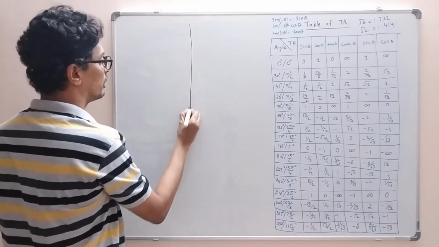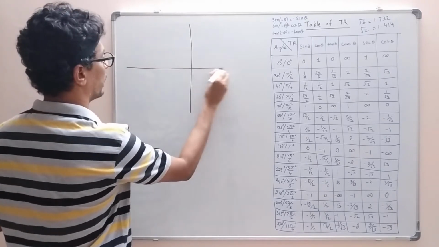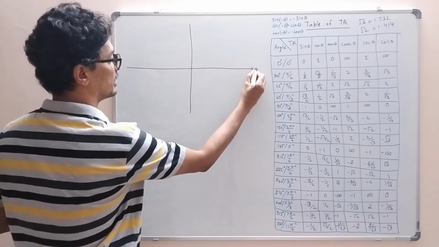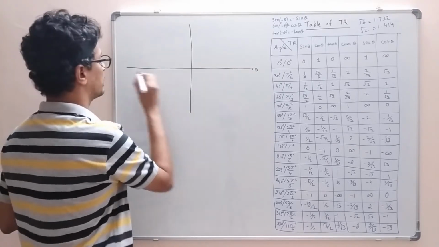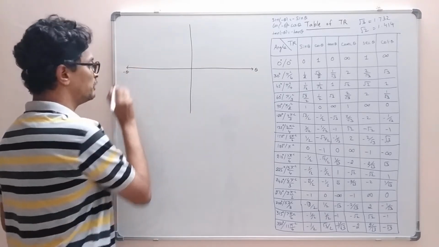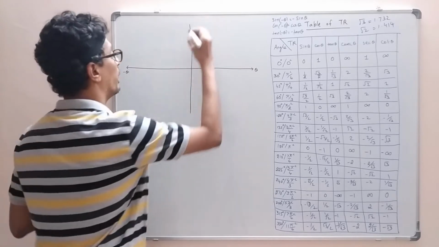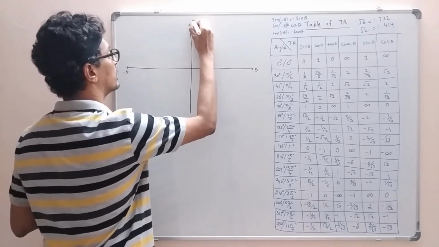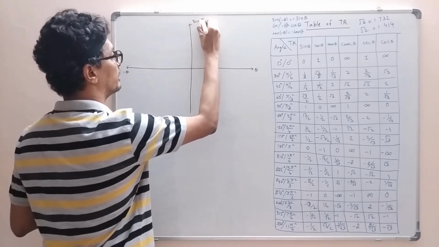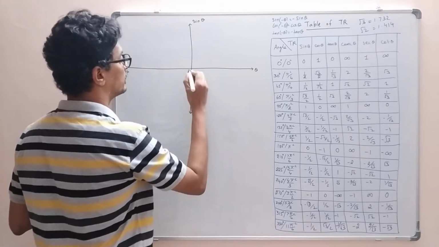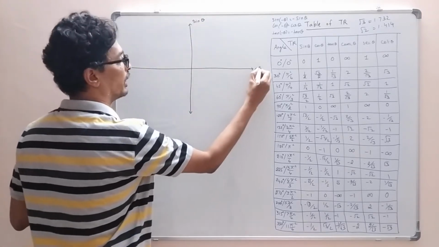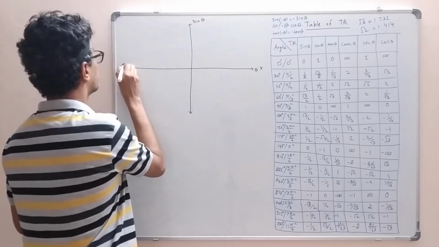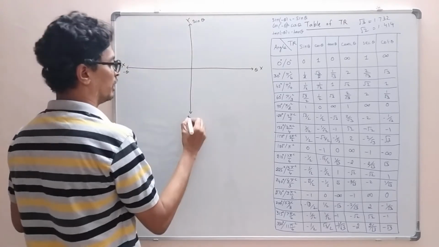Let me take your x-axis as theta. Your x is theta and this is minus theta. I am going to plot your sine theta here along these two lines. So this is actually your x, this is minus x, y and minus y.